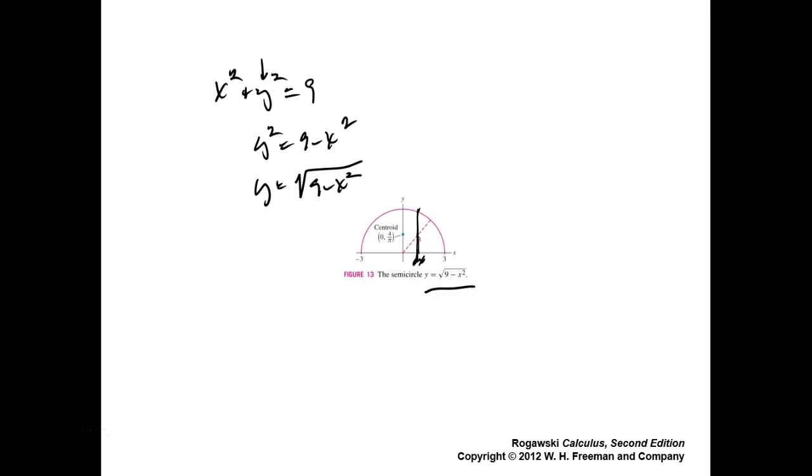So that's the top half. That's your y value anywhere there. So your height is this thing right here, and your width is your dx. Now, we don't care about distance from the y-axis. We know that's going to be 0. We're only caring about distance from the x-axis.